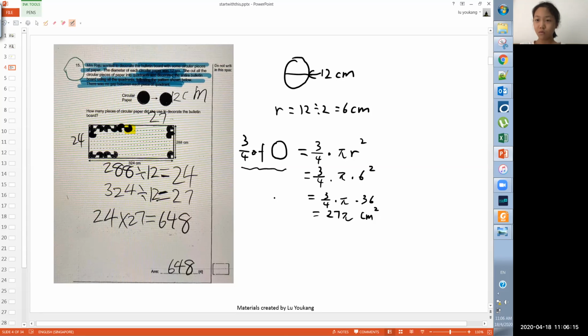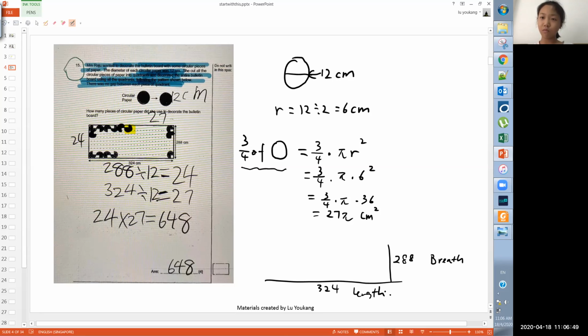Okay, so how many 3/4 circles do you have here? So what you have is 288 for the breadth, right? And then you have 324 for the length.